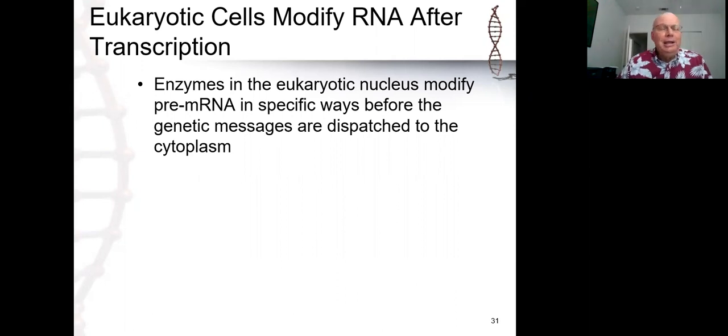Number one, it turns out that the cytoplasm is a very, very hostile environment for the messenger RNA. So we need to protect the messenger RNA against the enzymes in the cytoplasm whose goal it is to chew up the messenger RNA. So there are specific steps that are taken to protect the messenger RNA.